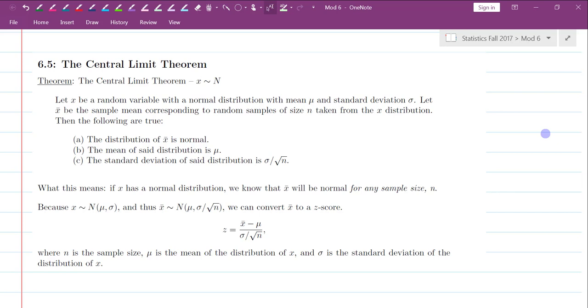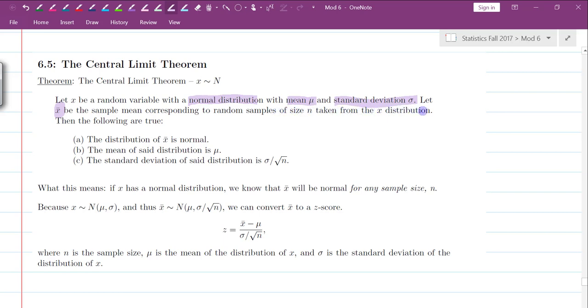The central limit theorem tells us that if we have x, a random variable with a normal distribution, again, very key, with a mean mu and a standard deviation of sigma, then x bar will be the sample mean corresponding to the random variable of size n, taken from the x distribution.